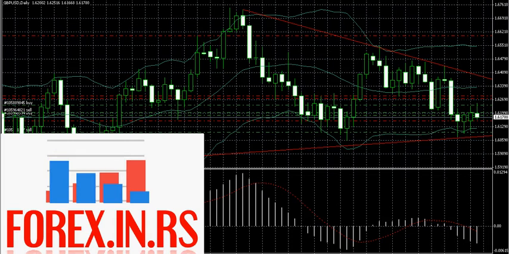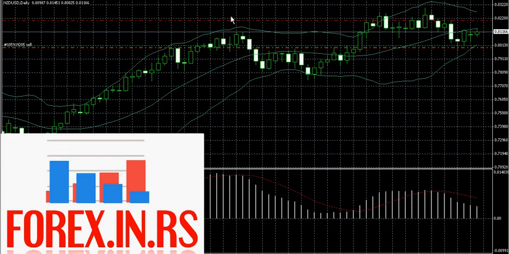What is the next recommendation for the weekly report? We can suggest Kiwi. Kiwi at this moment is at 1.81 area, and we predict a bearish trend with 0.79 area and more.